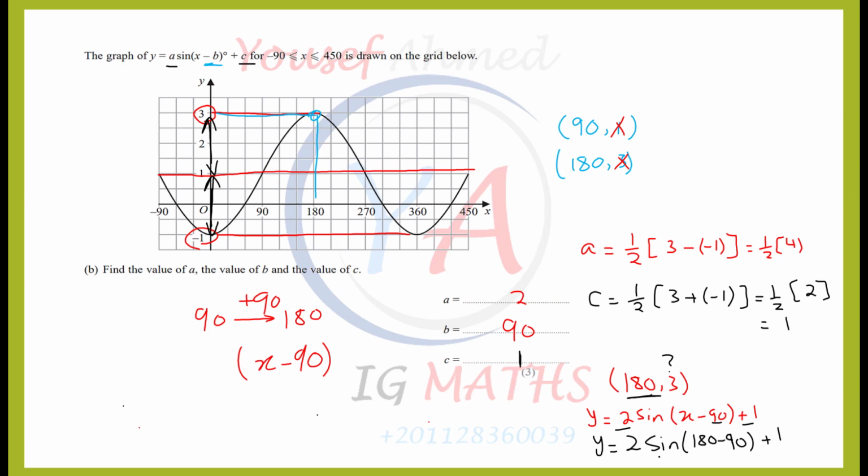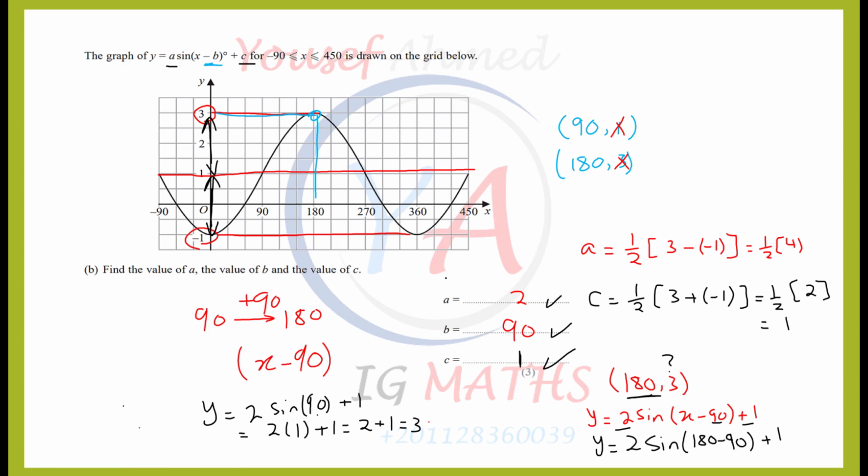So what's the sine of 90? It will be y equals now 2 sine 90 added to 1. Sine 90 equals 1. So 2 by 1 add 1, it will be 2 plus 1, which is 3. So the values we have got are all correct.